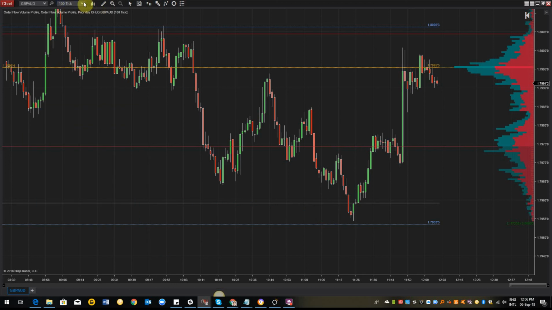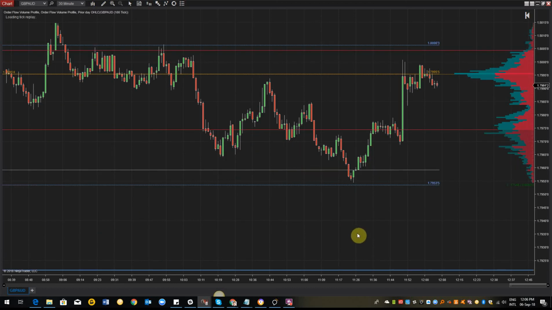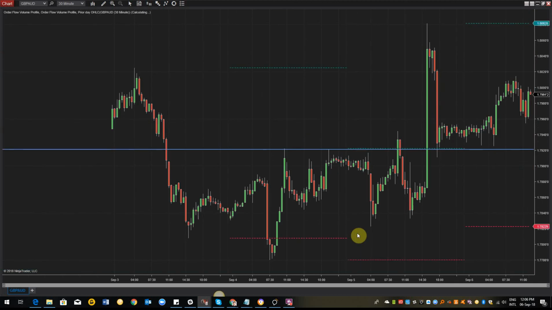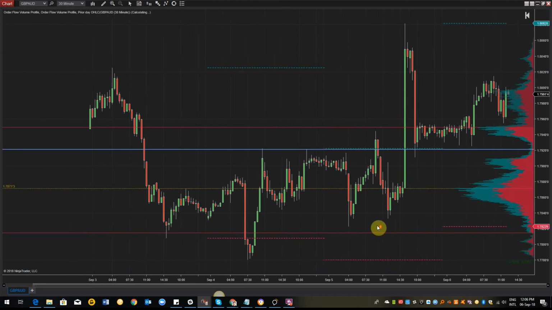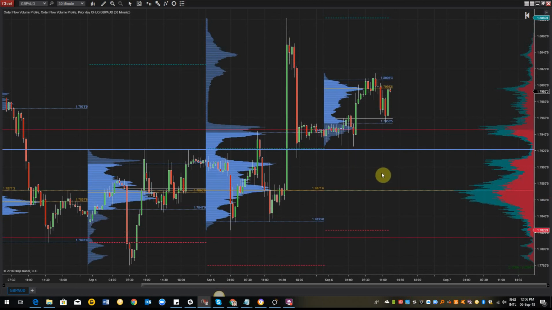Let's just pop up to the 30-minute chart. There we go. So yeah, you can see here that we had the bias change. It came down again, and it tested this area.